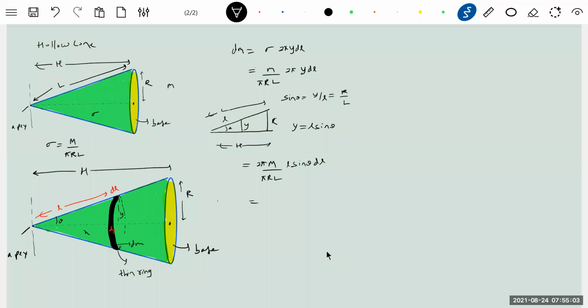Sine theta we can write as R by L. Pi cancels, R cancels, so 2M by L square, L dl.